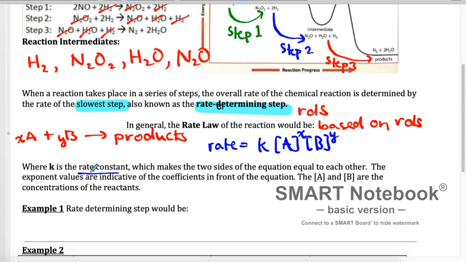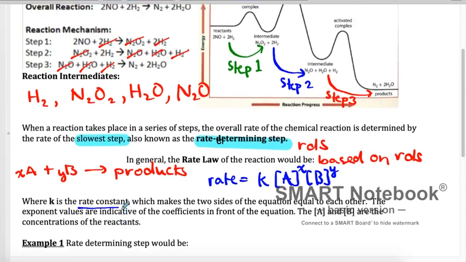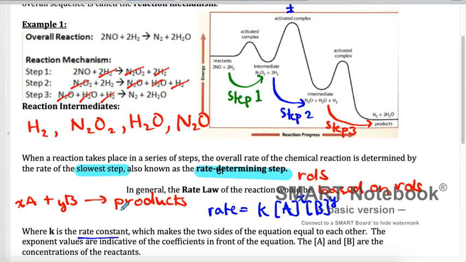So if we look back at example 1 over here, let's try and determine the slowest step. And we have to look at the elementary steps, not the overall reaction. If we look at the diagram over here, we notice that each step has its own activation energy. This is the barrier that each step must go through in order to get from the reactant to the product side.